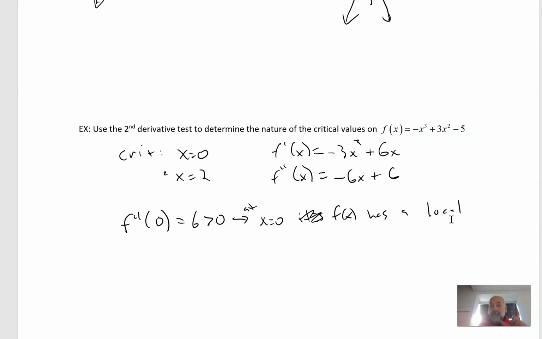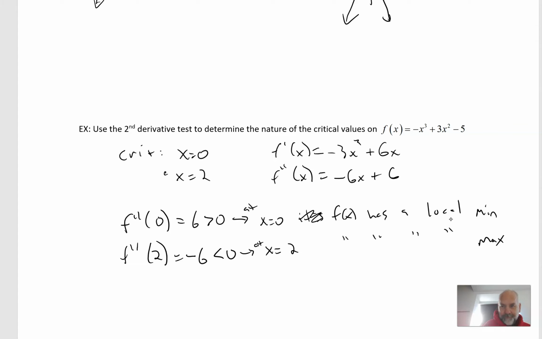If the second derivative is positive, we're concave up, like this. So therefore, it's a local min. And f double prime of 2 is negative 6, which is less than 0. And so at x equals 2, f of x has a local max.